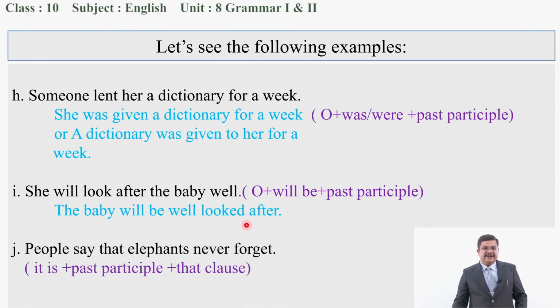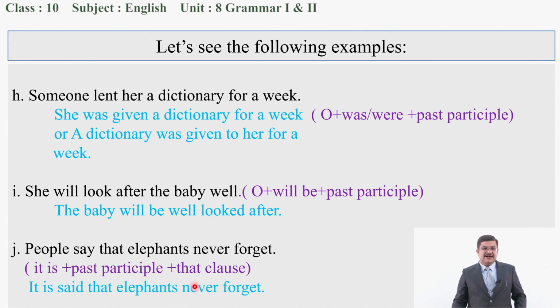People say that elephants never forget. Now, it is with past participle with that clause. In this type of sentence, the structure of changing an active sentence into a passive one is it is with past participle with that clause: that elephants never forget. Now, can you change it? Sure.